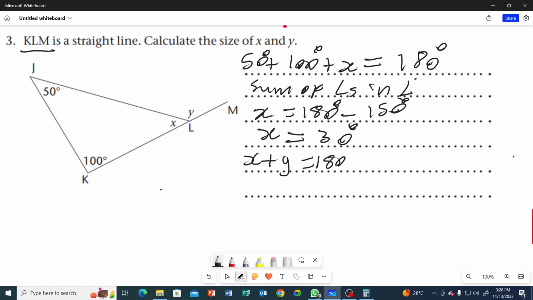So you write: angles in a straight line. Now that we know the value of x, y equals 180 degrees minus x, which is 30. So y will be equal to 150 degrees.